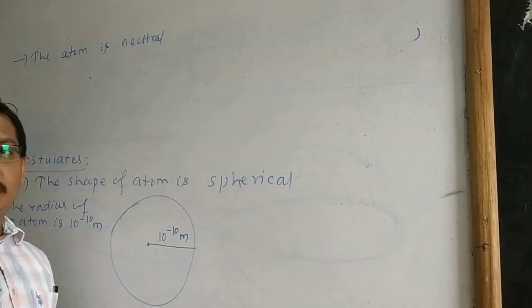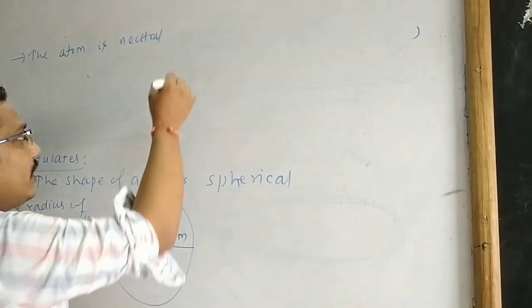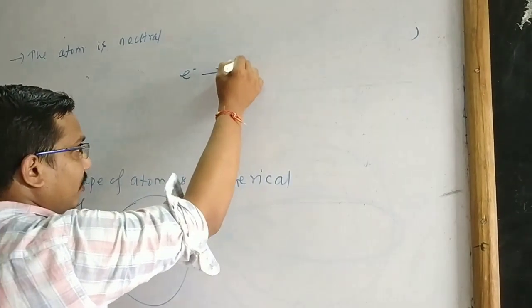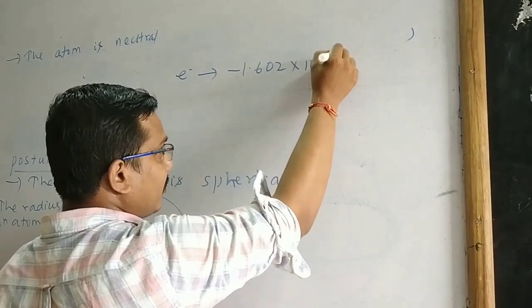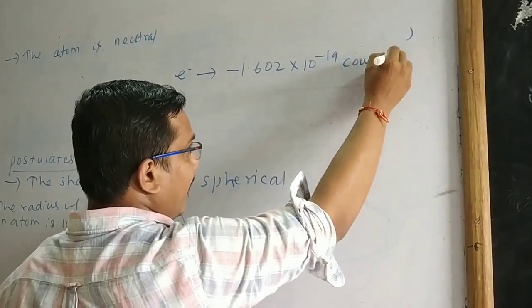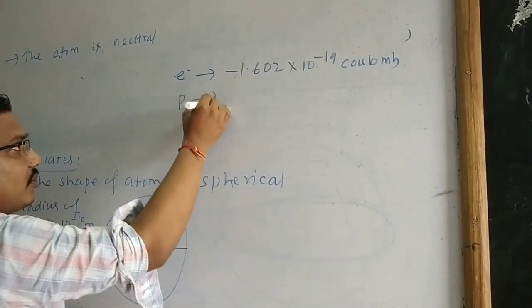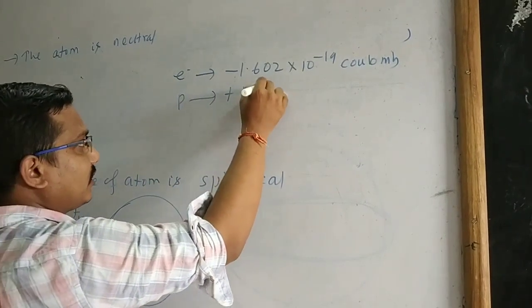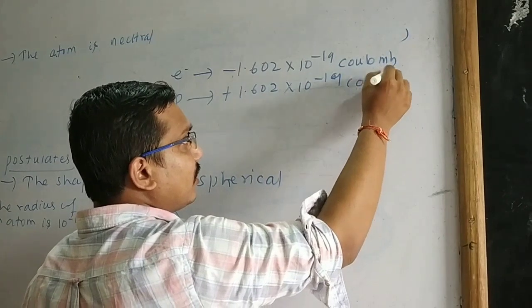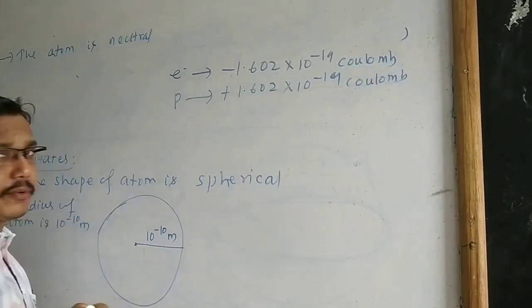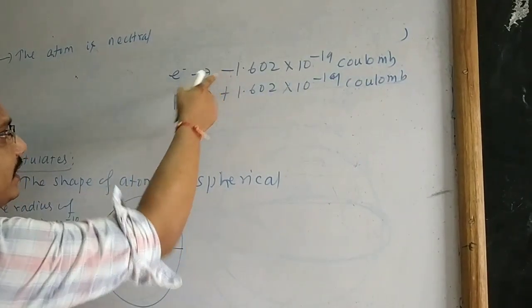How is the atom neutral? We know that the charge of electron is minus 1.602 into 10 to the minus 19 coulomb, and the charge of proton is plus 1.602 into 10 to the minus 19 coulomb. The charge of both electron and proton is the same, but they are different in their sign.